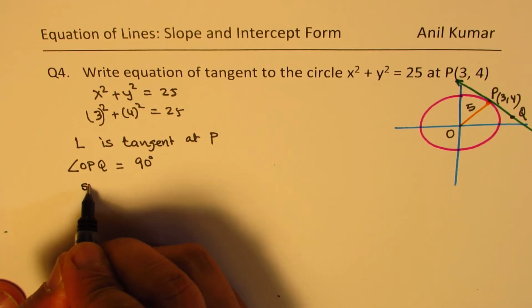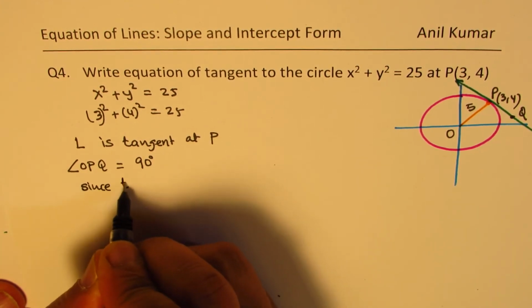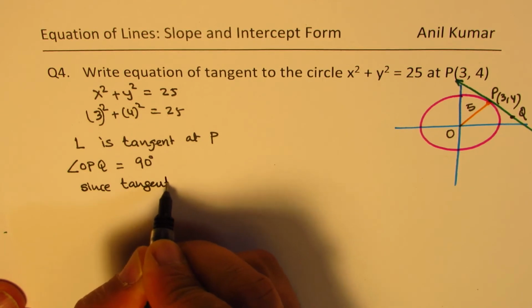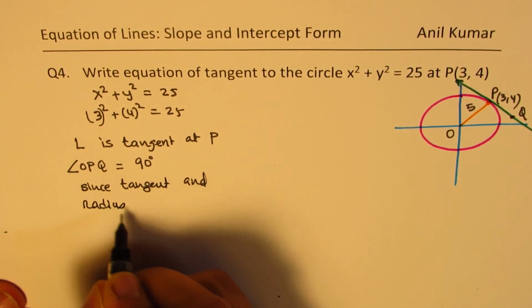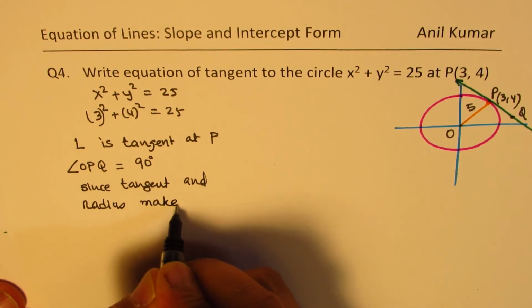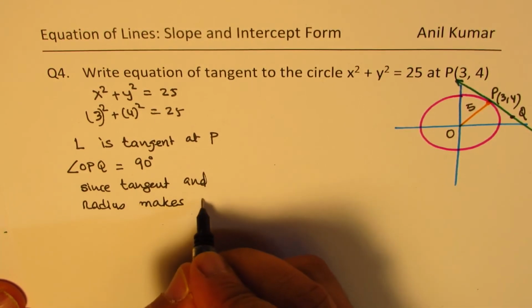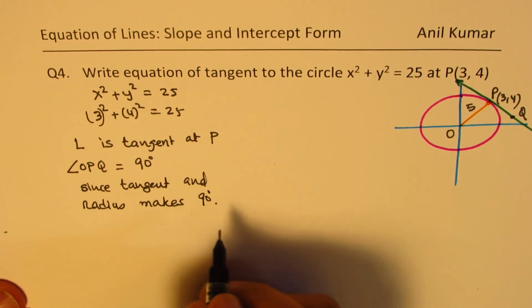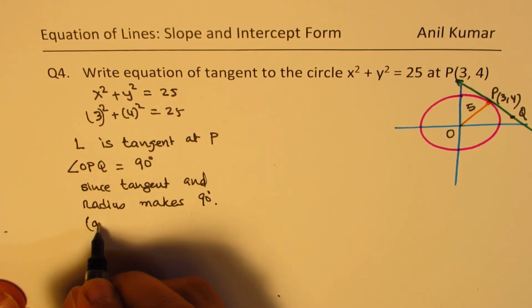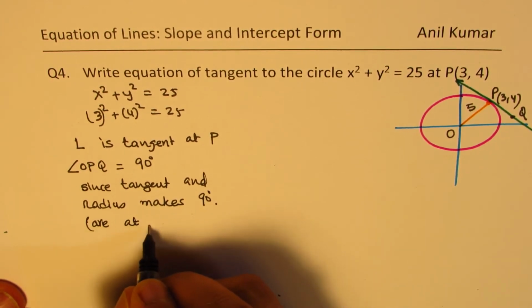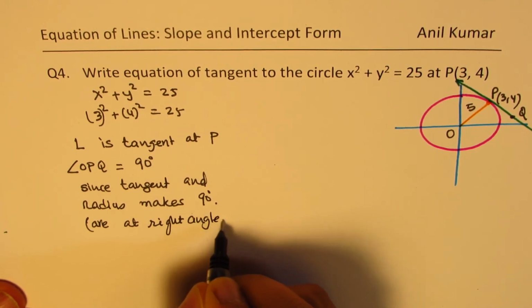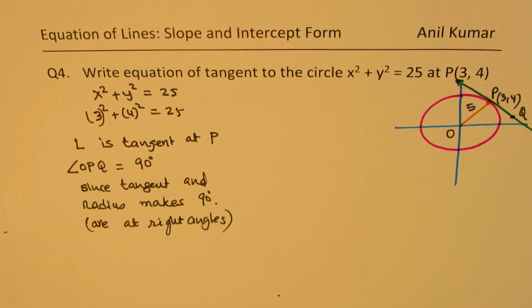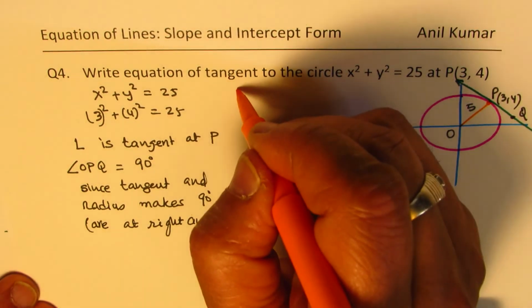Since the tangent and radius make 90 degrees, right? They are at right angles, right? Clear? So we are going to use this property of circles to find the equation of our line L.